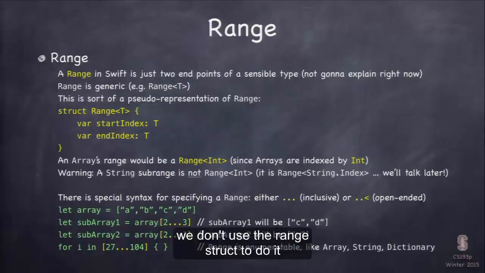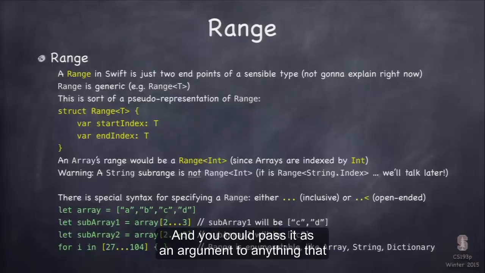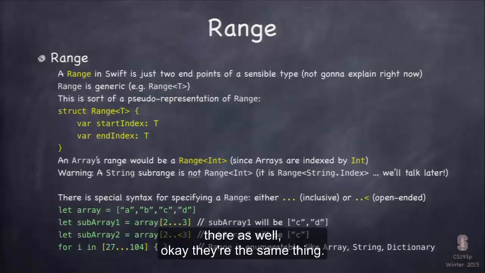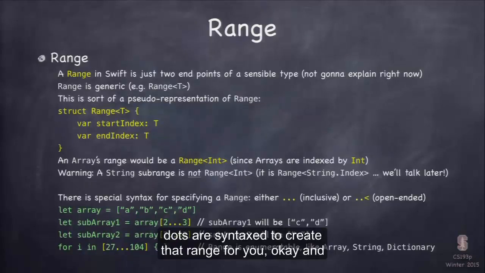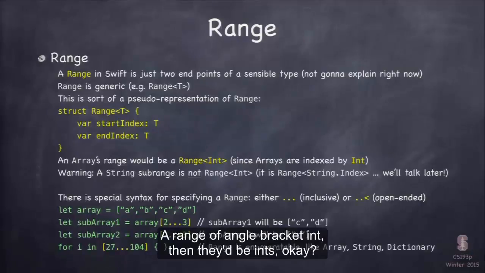99% of the time we don't use the range struct to do it, although you could create a range struct and pass it as an argument to anything that takes these dot dot dots. You could put an actual range in there as well. They're the same thing. The dot dot dots are just syntax to create that range for you. The things on either side of the dots depend on what kind of range you're creating. If you're creating an int range, range of int, then they'd be ints.